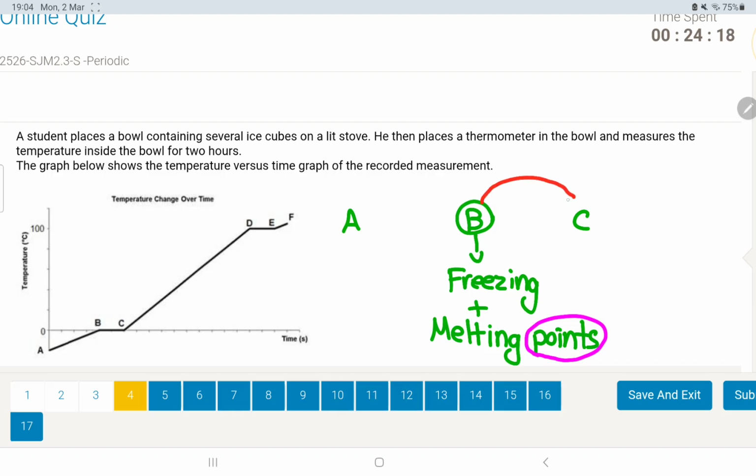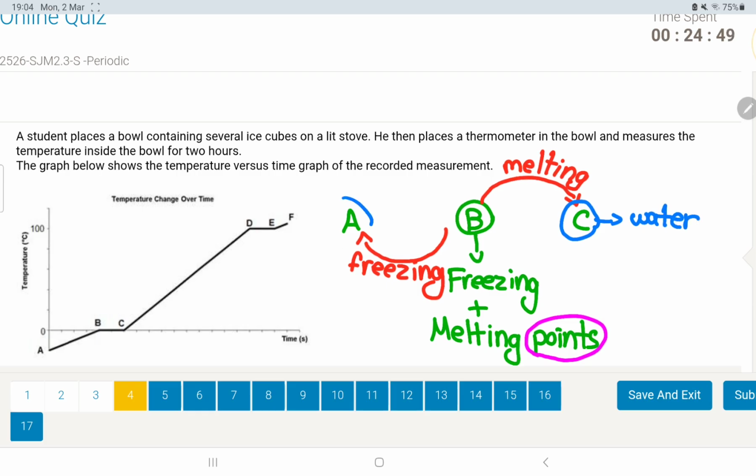B to C, it's melting. This is the action. And B to A, it's freezing. This is like a summary about these 3 points. So B is the freezing and melting point. B to C is melting and B to A is freezing. But now C alone is just water and A alone is just ice. I'm going to keep this on the screen for now while I explain C to D, if you want to just take a look at it. It's a summary.